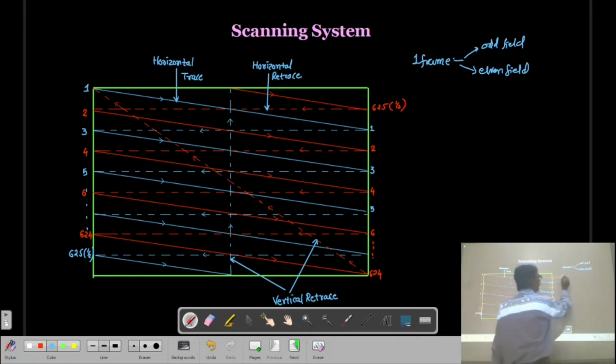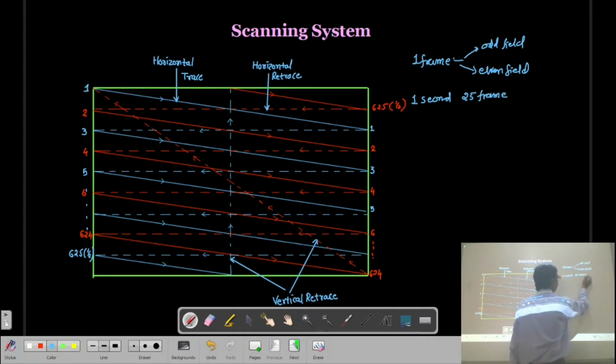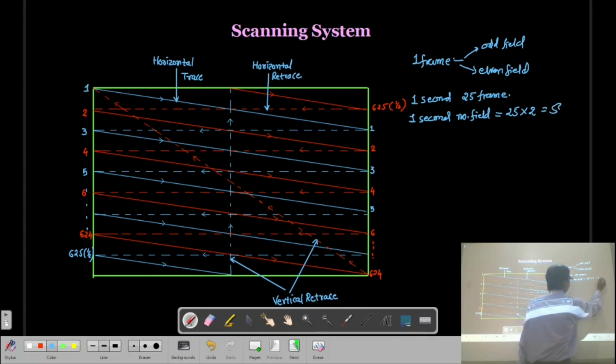So in 1 second, how many frames are repeated? 25 frames are repeated. And therefore, in 1 second, the number of fields is 25 into 2, and that is 50 fields.